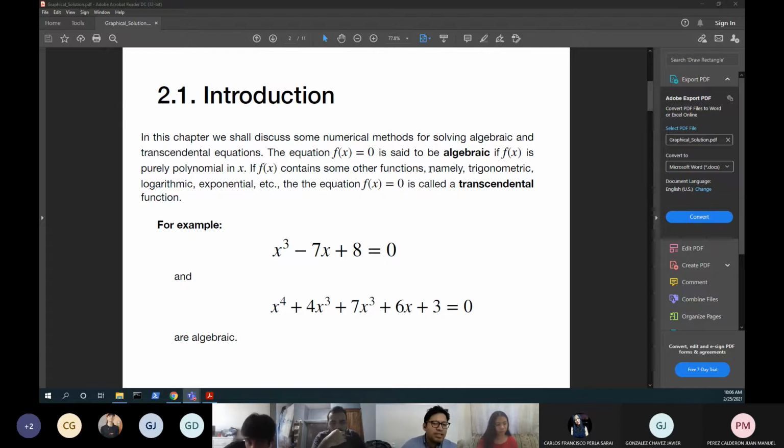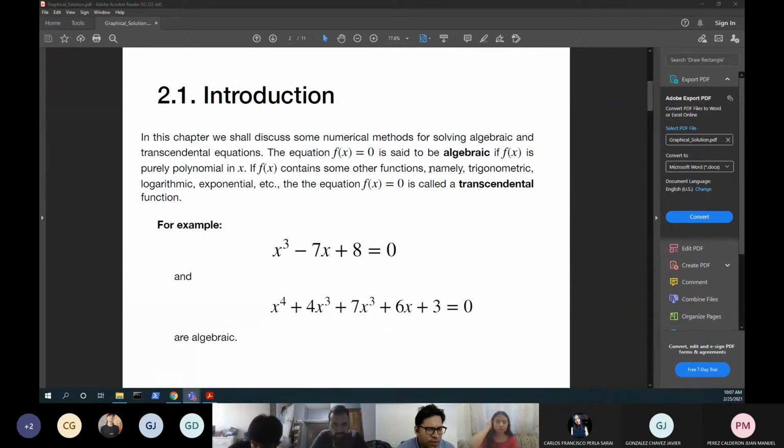So in this chapter, we will discuss some of the numerical methods to solve algebraic and transcendental equations. For example, the equation f(x) equal to 0, where f(x) is any of these types of equations, either algebraic or transcendental. We say that it's algebraic when f(x) is purely polynomial in x.